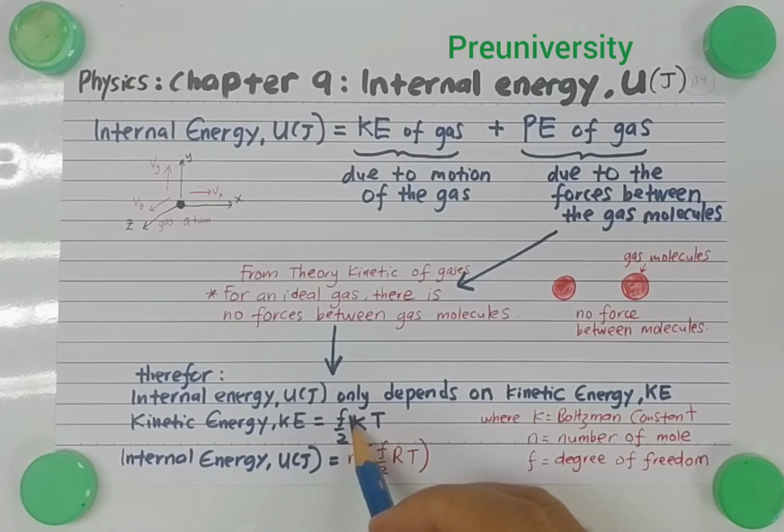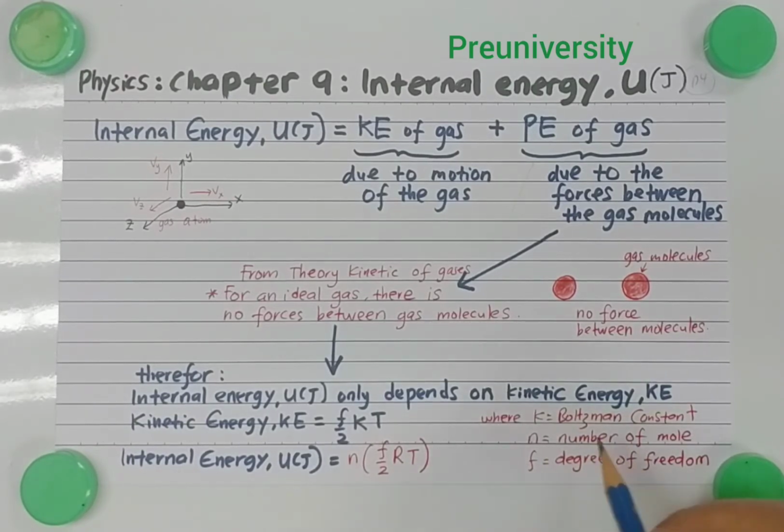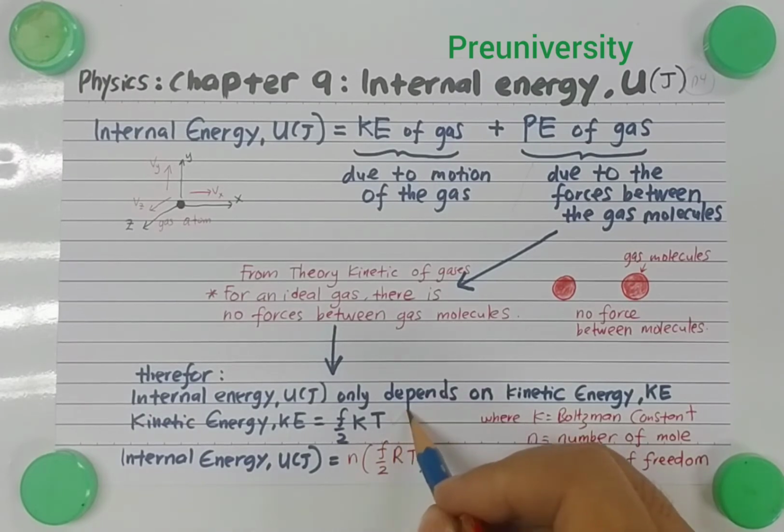What is F? F is the degree of freedom. The students should know what is meant by the degree of freedom. K is the Boltzmann constant, and N is the number of moles. So this is the equation for the kinetic energy of the gas.